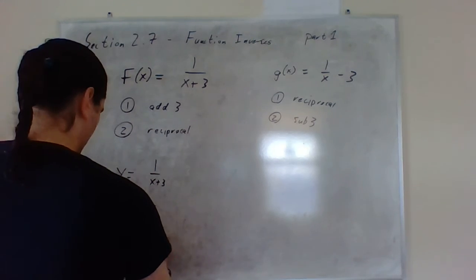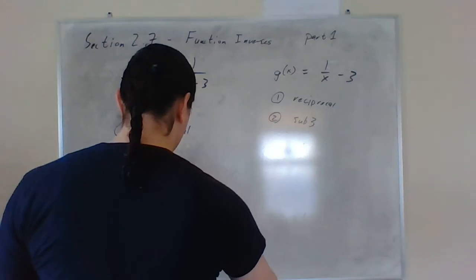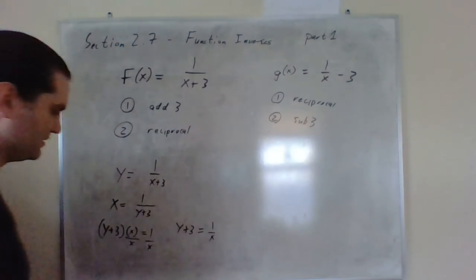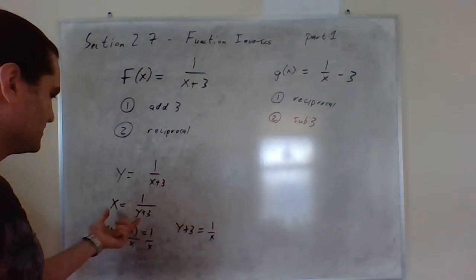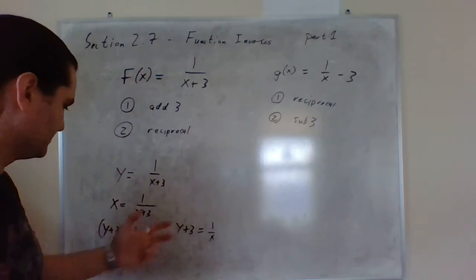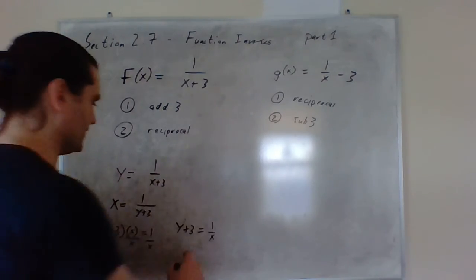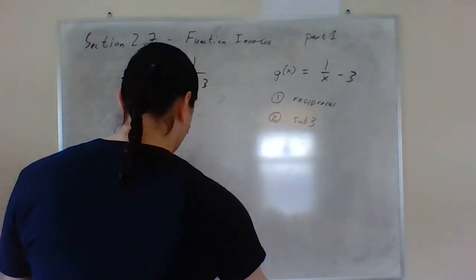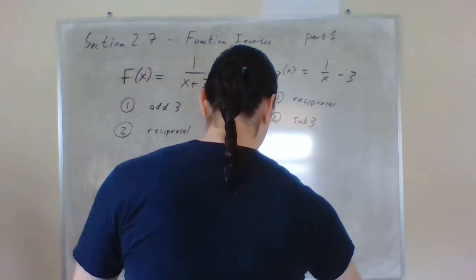And then you divide everything by x. So you get y plus 3 equals 1 over x, which is functionally the same thing as just taking the reciprocal of both sides. But you can get there by multiplying by y plus 3 and then dividing by x. That's also fine. And then you subtract 3 from everything, and you get y equals 1 over x, minus 3.